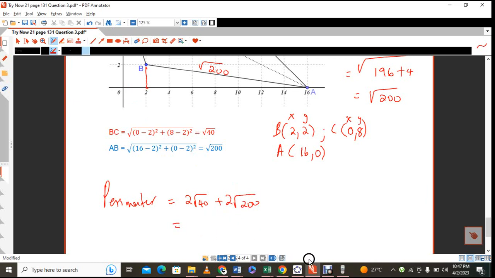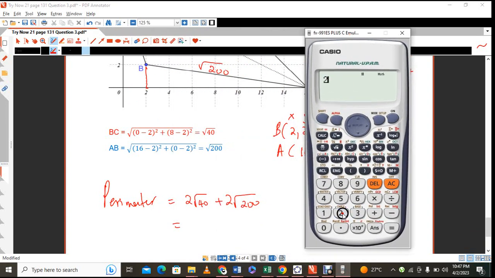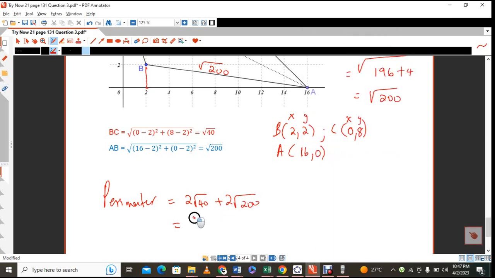They said you must give the answer to 1 decimal place, so let's grab the calculator. You have 2 times the square root of 40 plus twice the square root of 200. That gives me 40.9 units to 1 decimal place.